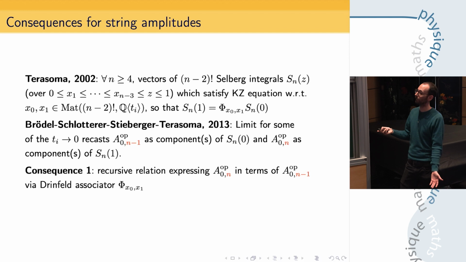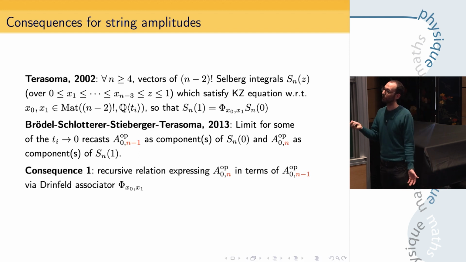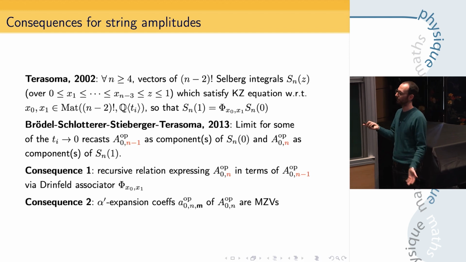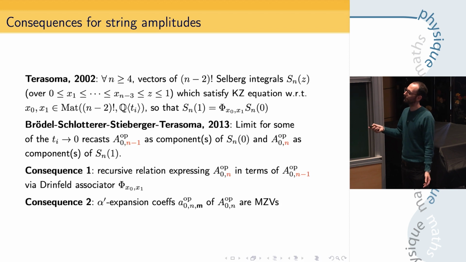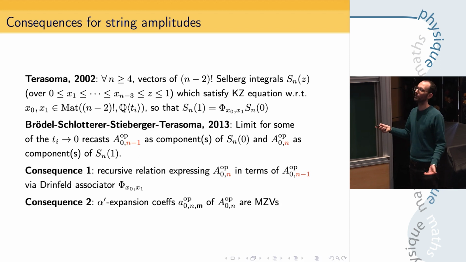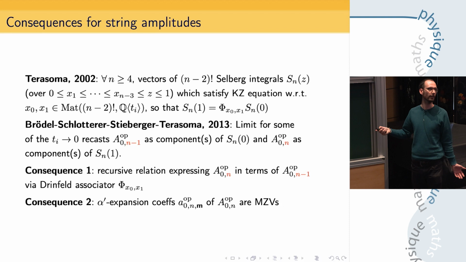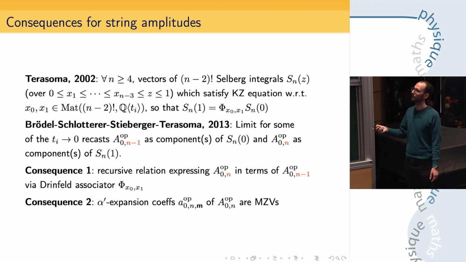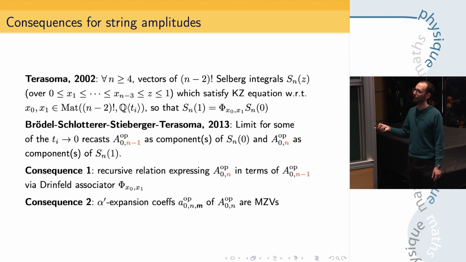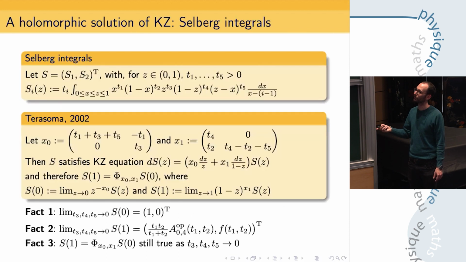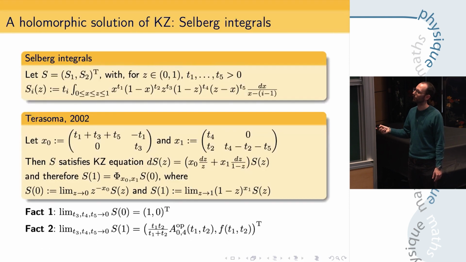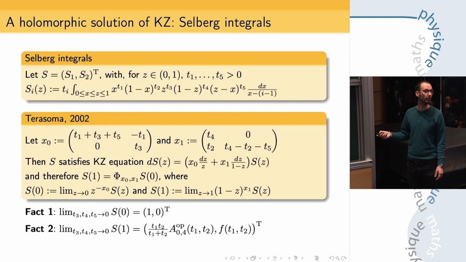And that's a remarkable thing, which in particular implies, as a consequence, that the alpha prime expansion coefficients will be multiple zeta values, which is the theorem that I mentioned in the beginning, because the coefficients of the Drinfeld associator are multiple zeta values, and the starting point of the recursion is this vector (1, 0).